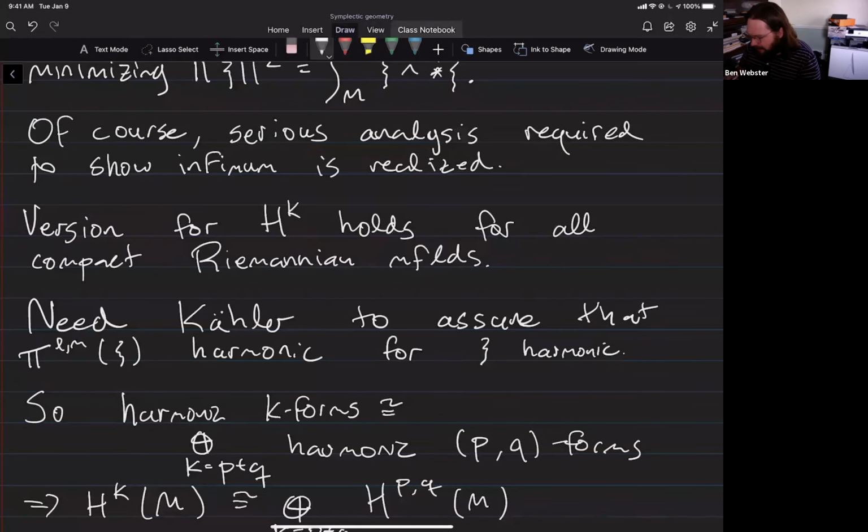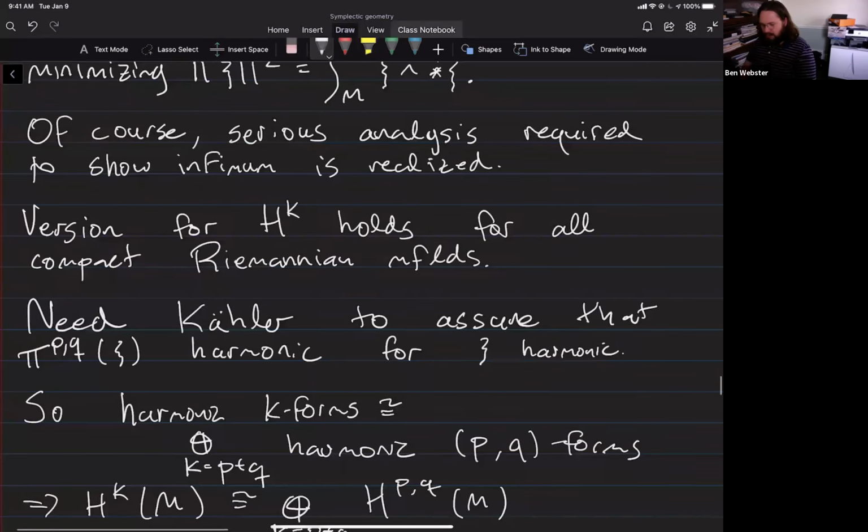But the key point is, if you are Kähler, then if you start with a harmonic form, its projections to PQ forms will also be harmonic. That's where being Kähler is key.